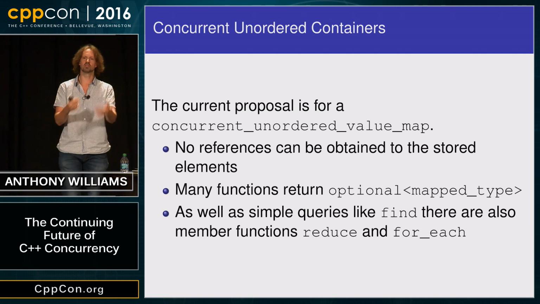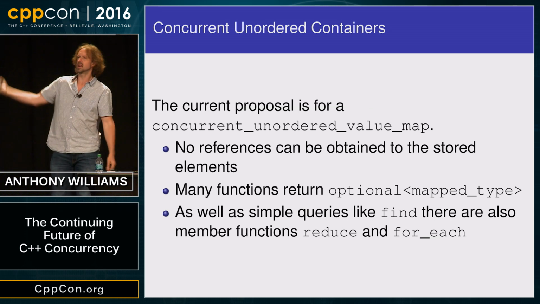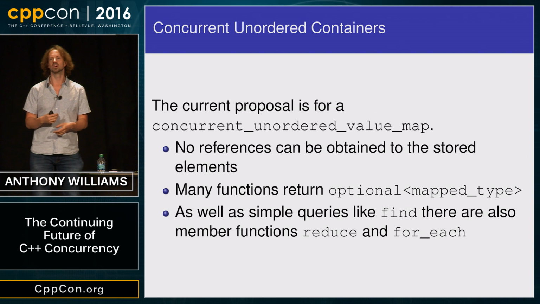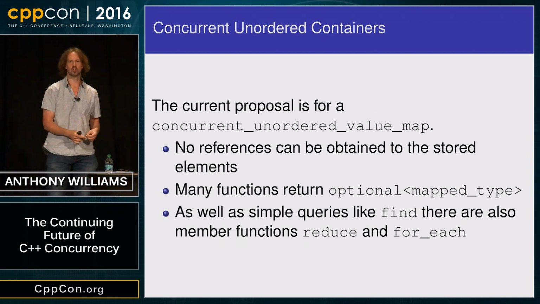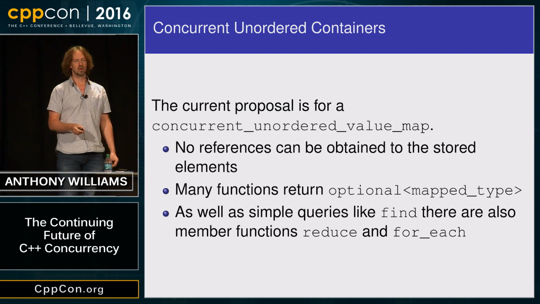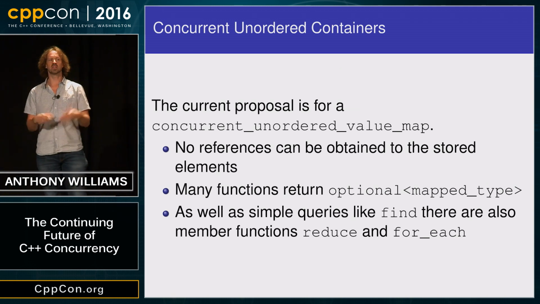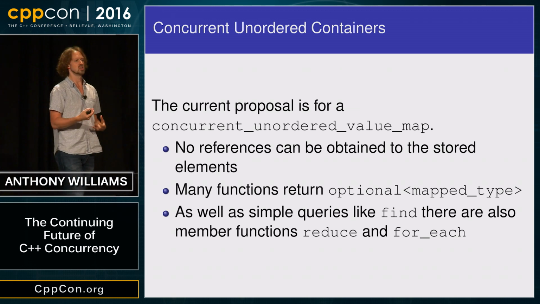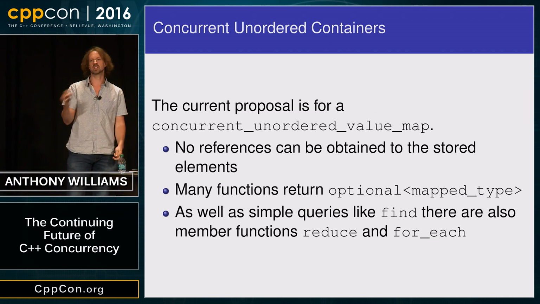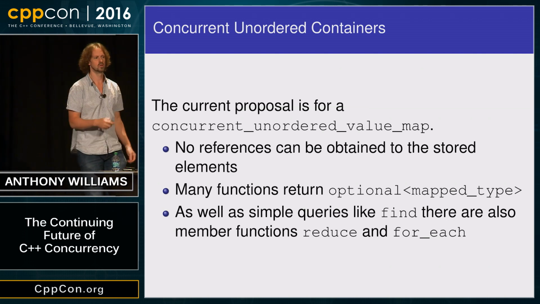All the functions that would return a reference instead return a value. And some of them return an optional value because the container might have changed, so the value that could have come back isn't there. And in order to simplify things, because they're not going to work with the standard algorithms, they contain some algorithms themselves, so reduce and for each, for example, as member functions. The same way that standard list provides sort, because it doesn't work with standard sort.